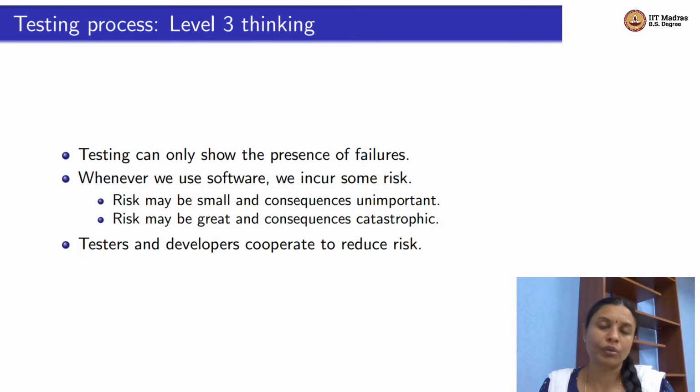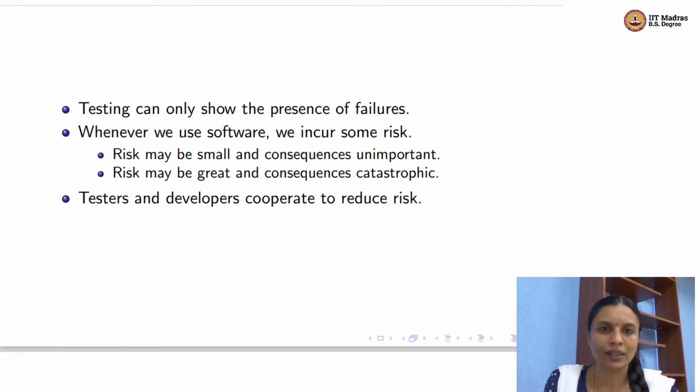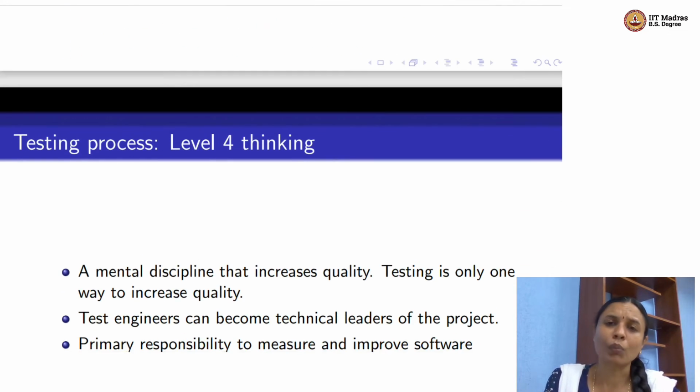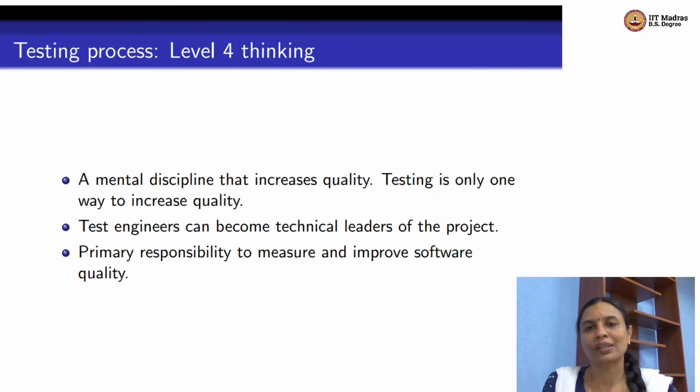If I release the code before finding a particular bug, and it's found after release, then it is risky. So testers and developers work in cooperation to find as many errors as possible and eliminate them, and reduce the risk of the software being defective after release. Many organizations typically are at this stage. Level 4 is the most mature process oriented concept for testing.